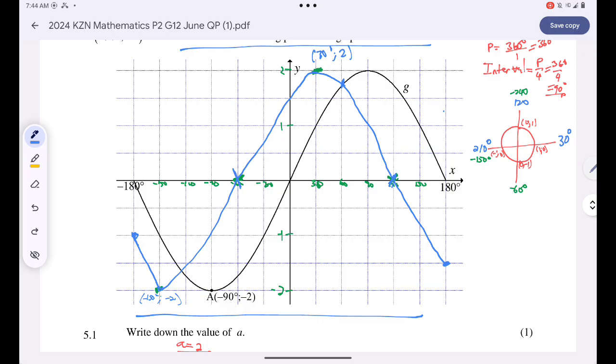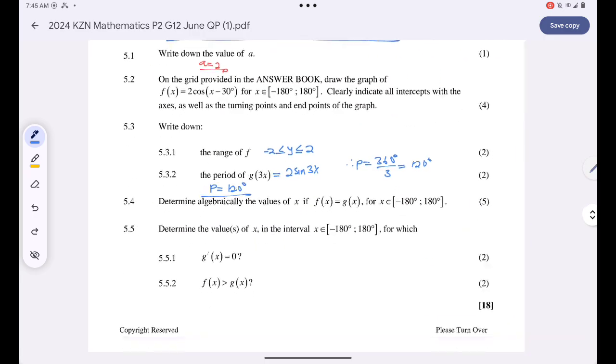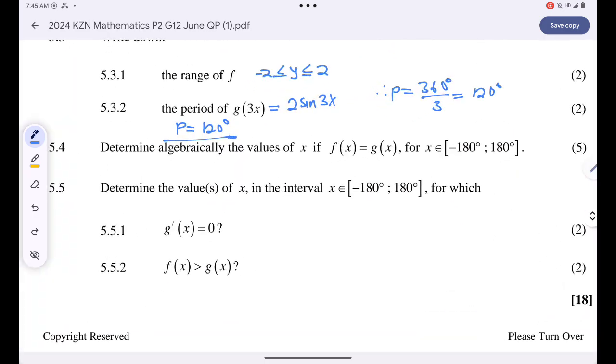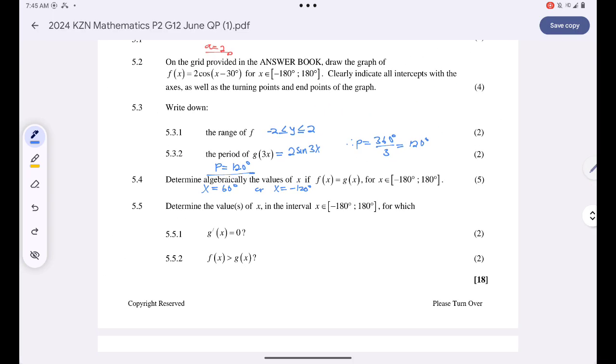If my drawing skills were good, this graph was supposed to intersect over here when x was negative 120, but it's fine. So according to the general solution, x is just 60 degrees or x is just negative 120 degrees. That's how, guys, you're supposed to solve that general solution.